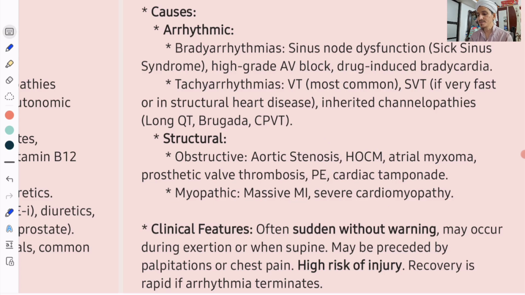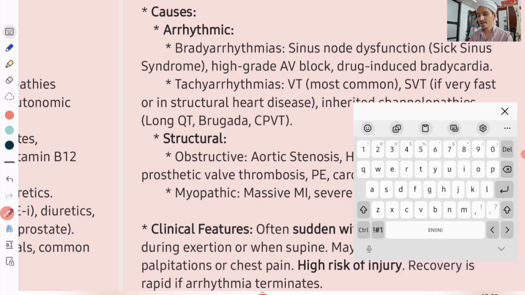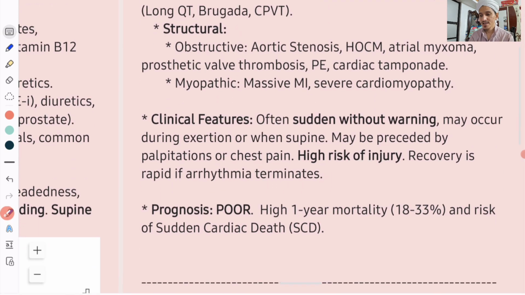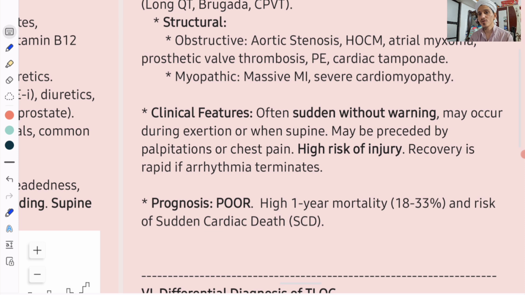So what are the clinical features of cardiac syncope? They will not have a prodrome. Prodrome is present in both OH and NMS, but not here. They occur suddenly without warning, during exertion, and can occur when supine.